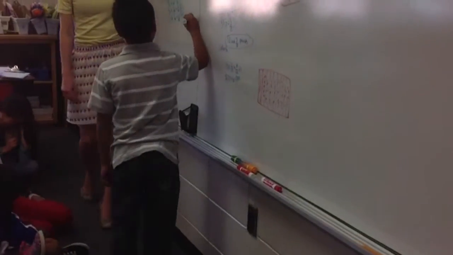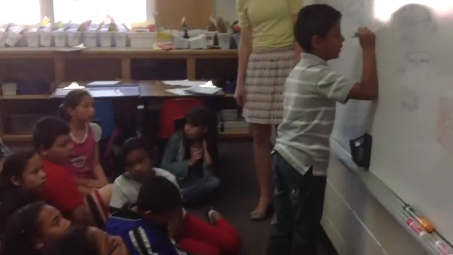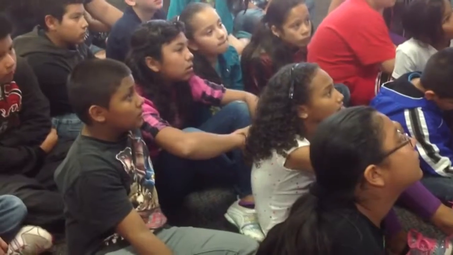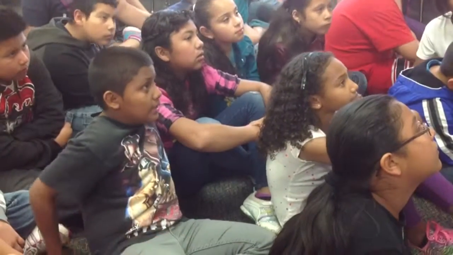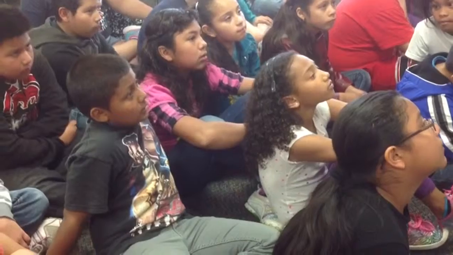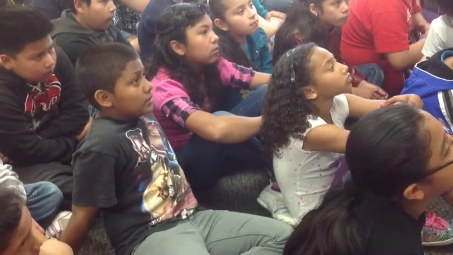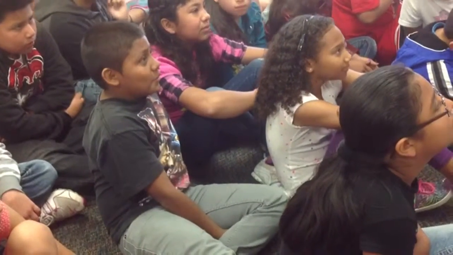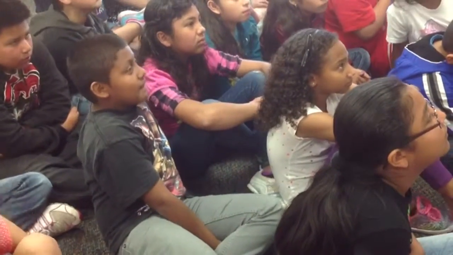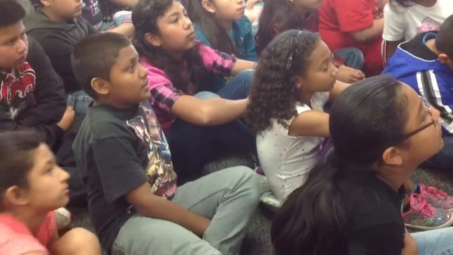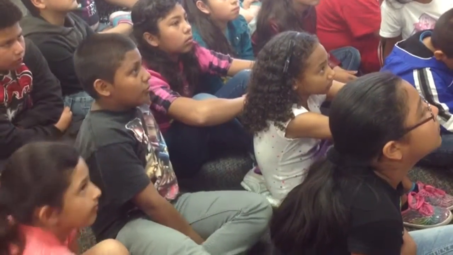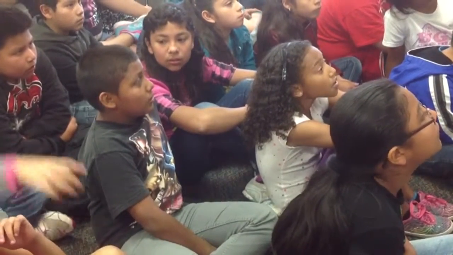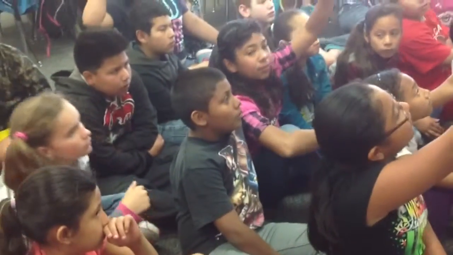Okay, yeah. 500 times 0.1 equals 50. 20 times the decimal equals 2. And 3 times the decimal equals 3/10. Oh, how is he going to write 3/10? Yeah, with the decimal. Oh, 0.3.